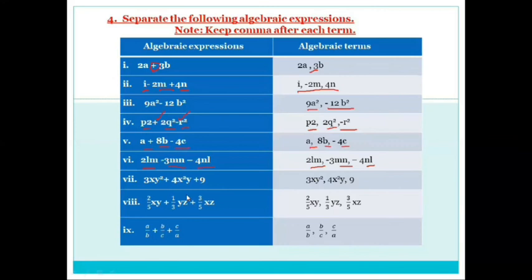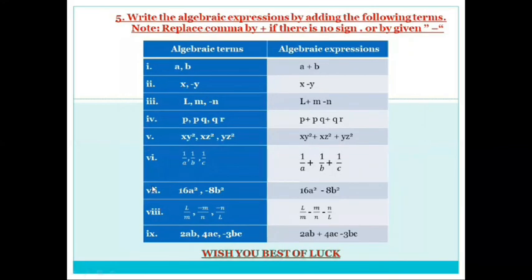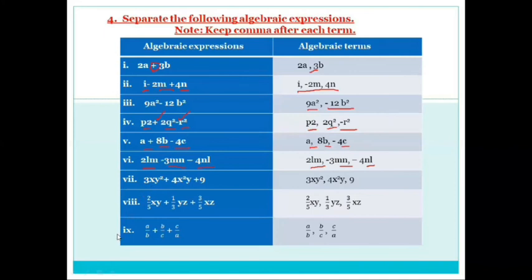Dear students, here seventh number 3. Seventh number, here we have 3x square y, xy square, plus 4x square y, plus 9. I write only the comma; it is not necessary that we write the plus here.